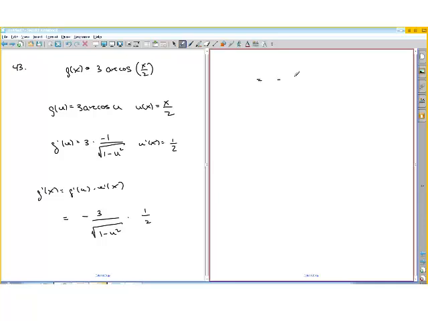So we get negative 3/2. So let's put that out in front. Let's just make that a constant. Negative 3/2 times 1 divided by the square root of 1 minus u, which is x over 2 quantity squared. And let's see how far we can simplify this thing.